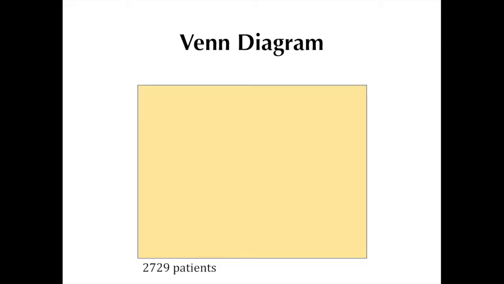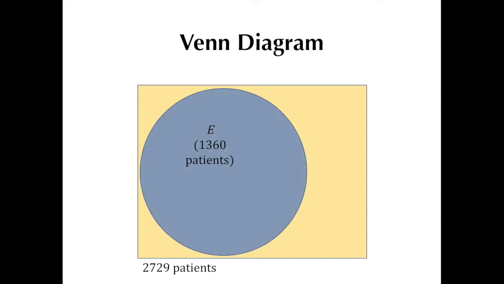So, if we are to construct a Venn diagram for this, here would represent the complete set or the universe, which has the 2,729 patients for whom we have data on adverse events. This portion here would be the eplerenone group, consisting of 1,360 patients, and the rest of the sample space would be the placebo group, consisting of 1,369 patients.